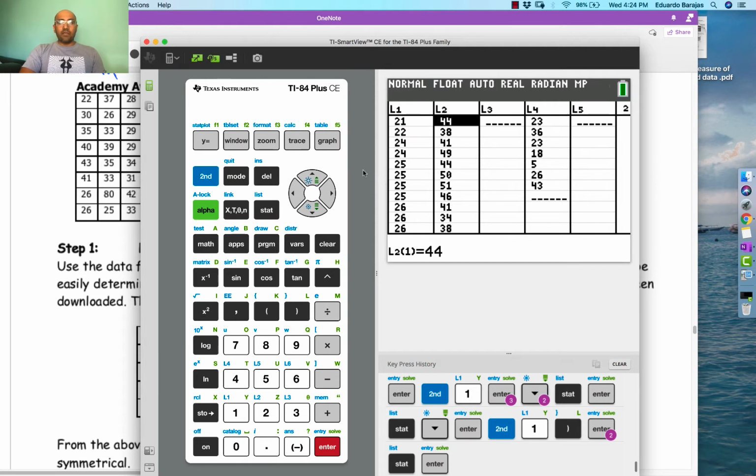Okay, so that makes it a little easier to count and figure out which is the number that occurred most often. So let's see, 1, 21, 22, 24, 25 is pretty often. 1, 2, 3, 4 copies of 25.